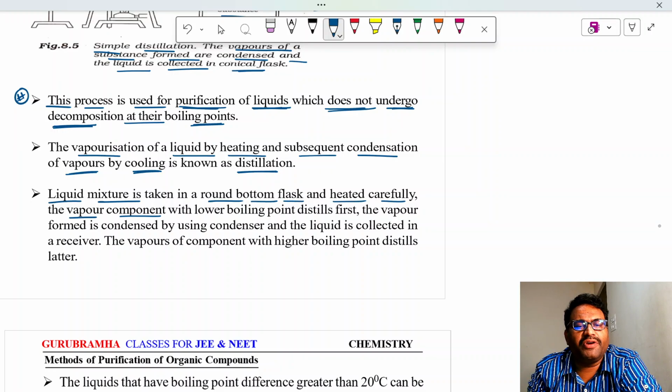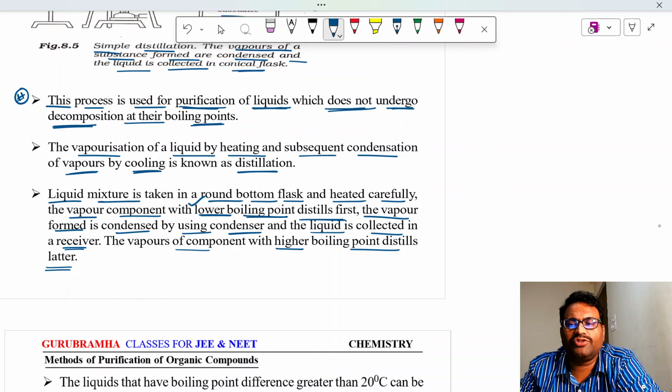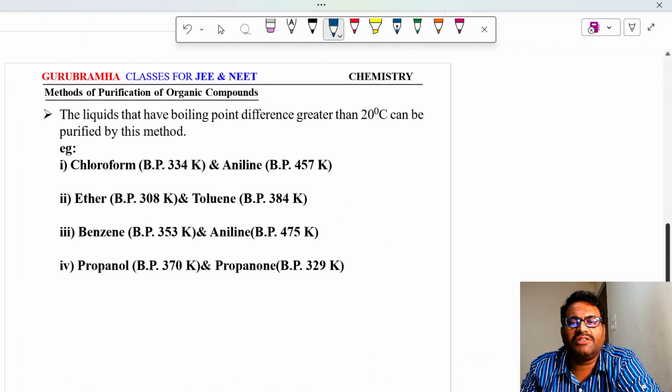The vapor component with lower boiling point, so this is important, distills first. Distills first means vaporizes first. The vapors formed is condensed by using what? Condenser. And the liquid is collected in the receiver. The vapors of the component with higher boiling point distills later. Okay, so this is all the process in simple distillation.